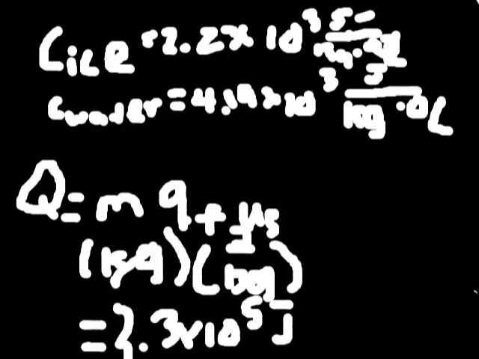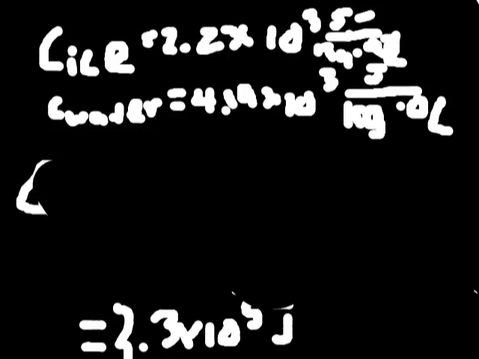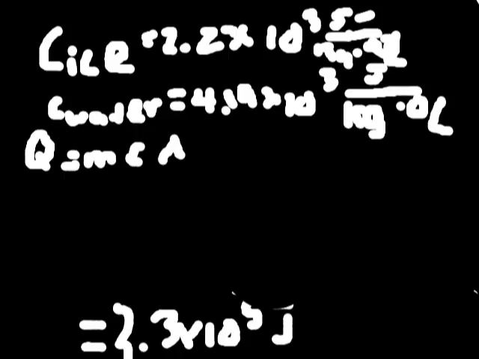Well, let's find the last step. I need more room for the last step. Which formula would we use? We would use Q equals MC delta T, because we want to find out how much heat it requires to raise the temperature of the now liquid water from 0 to 10 degrees Celsius.